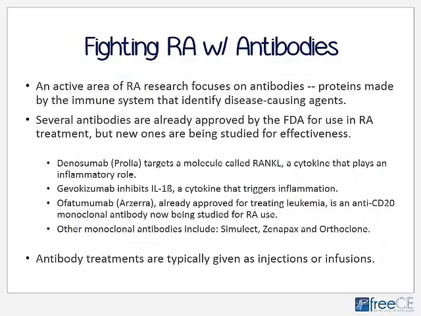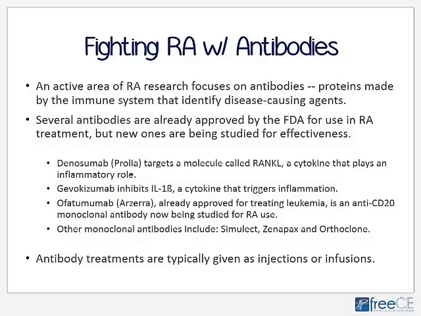An active area of research for RA focuses on antibodies, and these are proteins made by the immune system that identify disease-causing agents. Several antibodies are already approved by the FDA for use with RA, and new ones are being studied currently for their effectiveness. For example, a drug known as Prolia targets a molecule called RANKL, a cytokine that plays an inflammatory role.